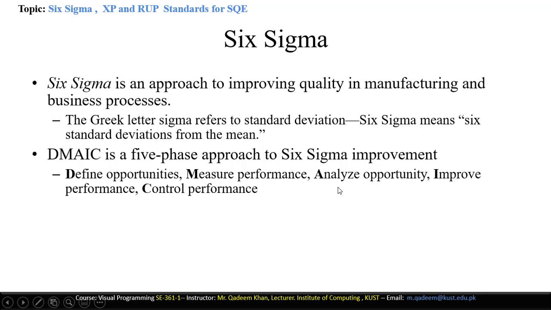Next, we will analyze the opportunity after measurement, based on certain parameters, and these parameters will act as drivers for the improvement of the process, and then we will improve the performance using our analysis. Improving the performance means that we will improve the quality of the product, and at the end we control the performance, meaning that if certain problems or issues occur, then we will control these issues.